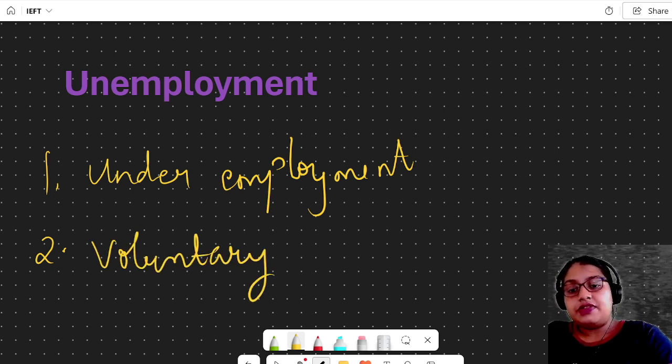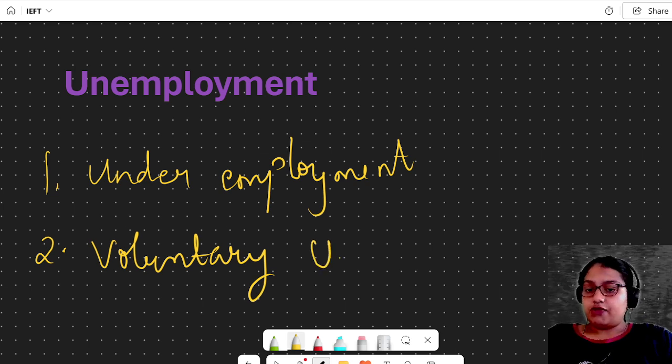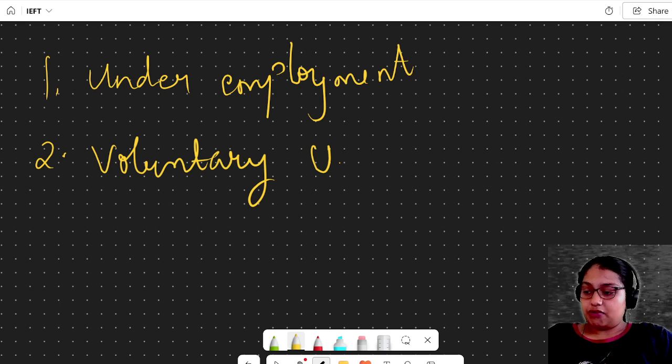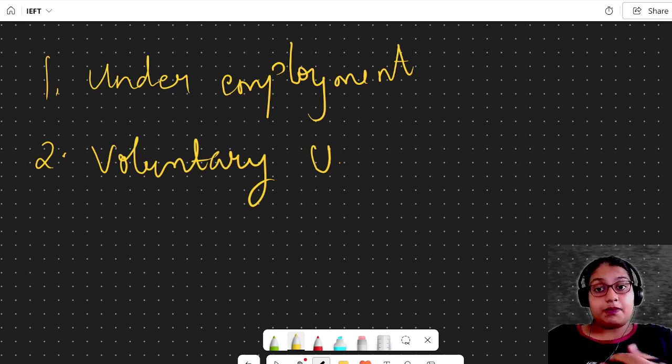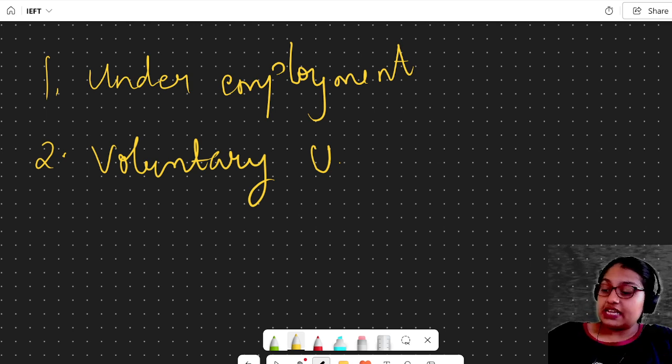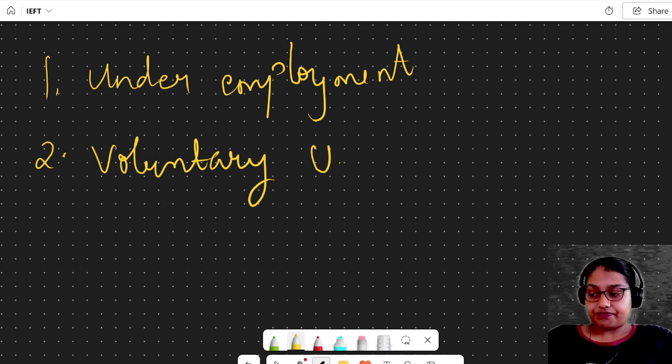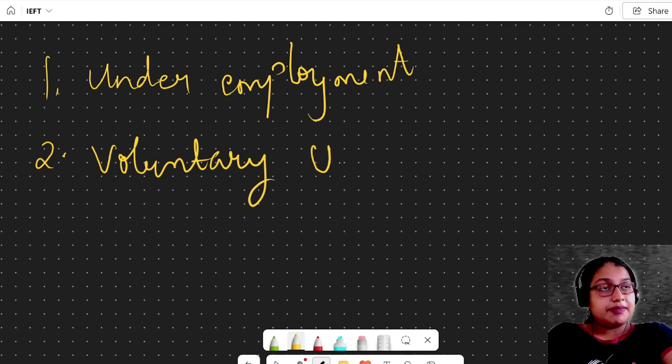Next, the second one is voluntary unemployment. What is voluntary unemployment? There are lots of employment opportunities, but the number of laborers is small. The employment opportunities are more than the number of laborers, that is, there can be labor shortages. Take the example of Kerala, people working for daily wages.